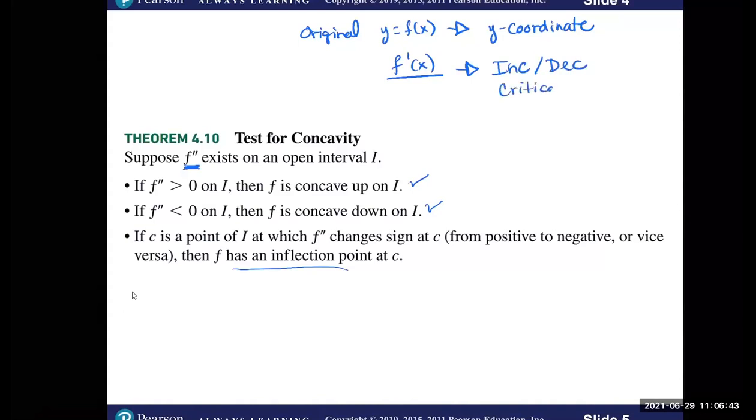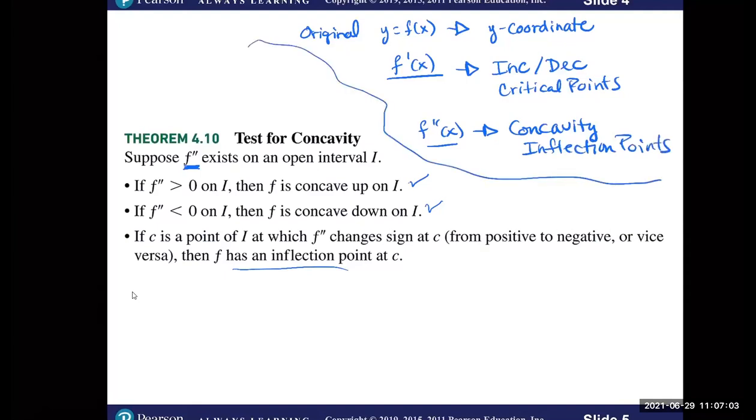Critical points always come from the first derivative. The second derivative tells us about the concavity of the function. And we can use the second derivative to find inflection points.